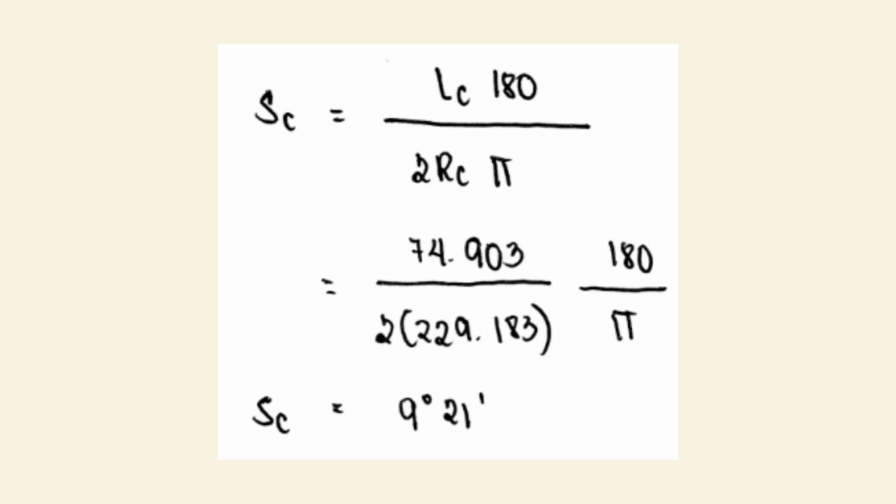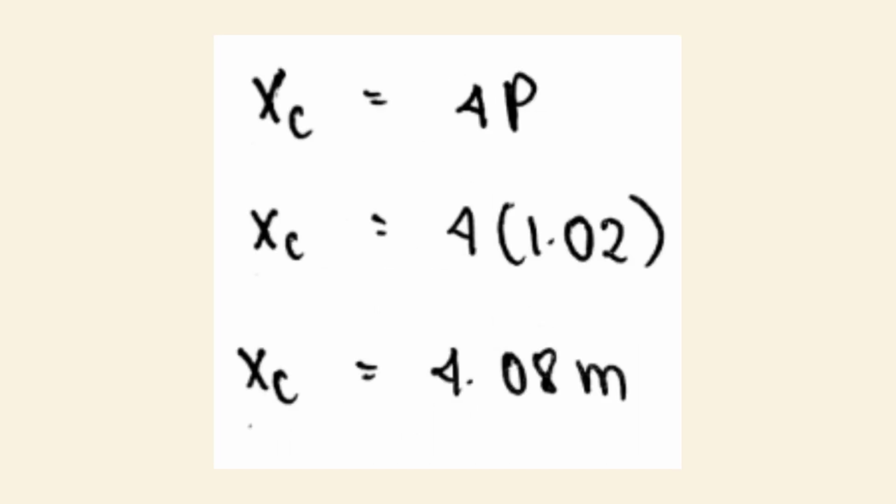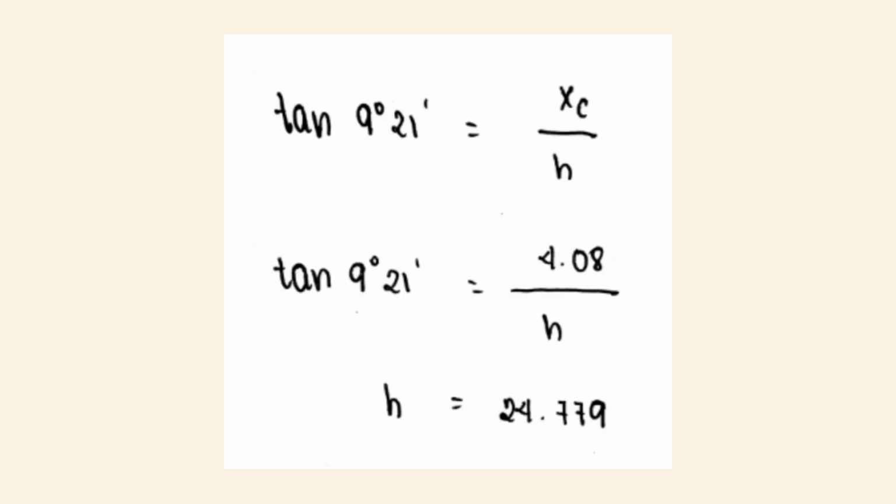Solving the equation, our spiral angle would now be equal to 9 degrees 21 minutes. Next, the offset distance, or x sub c, is simply 4 multiplied by the length of throw, or p, which is 1.02. Solving that, the value of our x sub c is equal to 4.08 meters.